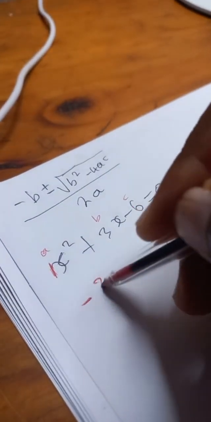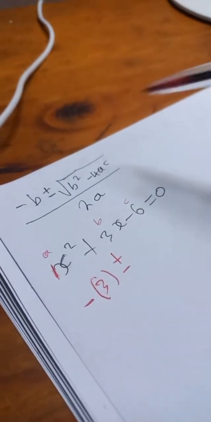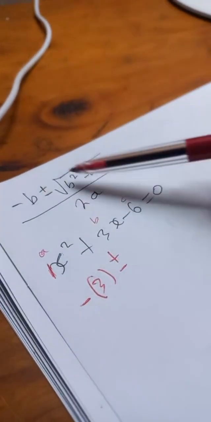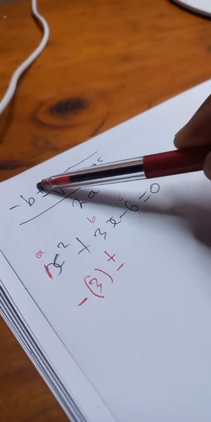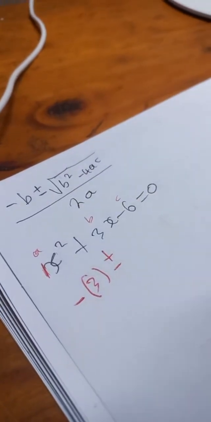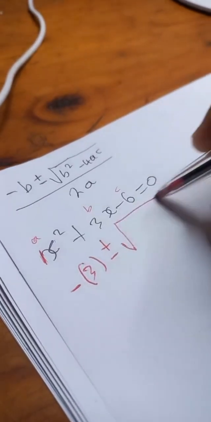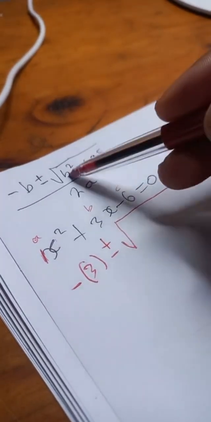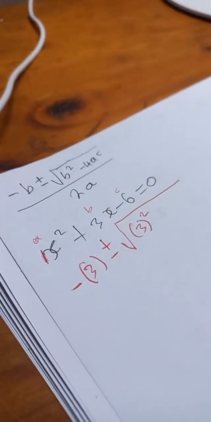Negative 3 plus or minus. Instead of writing two equations, I prefer to put plus or minus here, the two signs, to make it easier. Square root of b, which is 3, so open bracket, 3 squared.